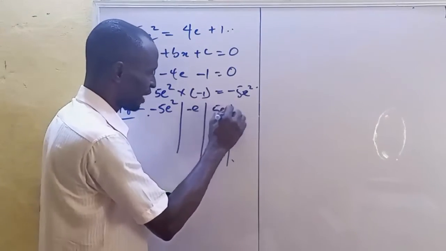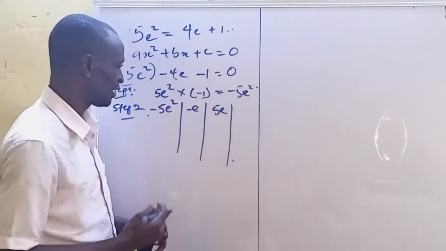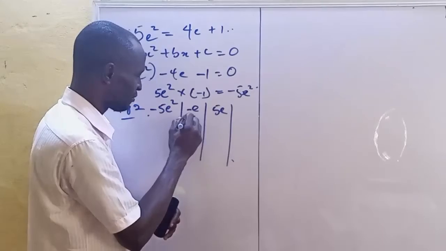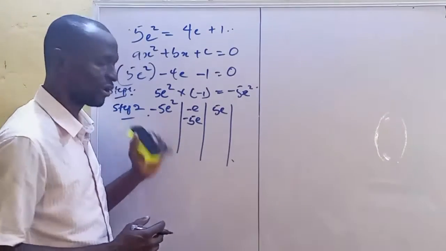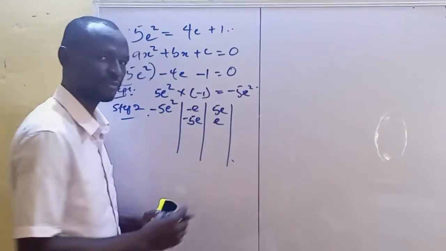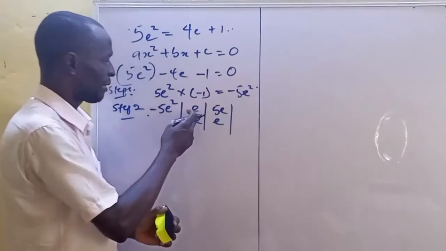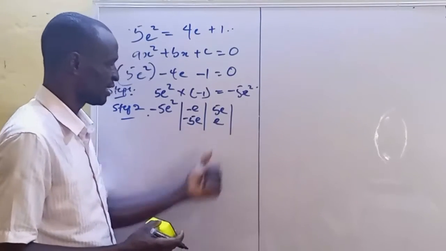The next 2 cannot divide minus 5e, 3 wouldn't divide minus 5e. So the next is minus 5e. Minus 5e times e will give me minus 5e squared. So I have just two sets of factors: minus e, 5e, and minus 5e, e.